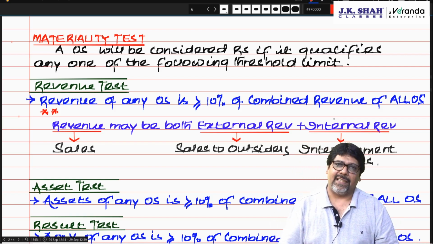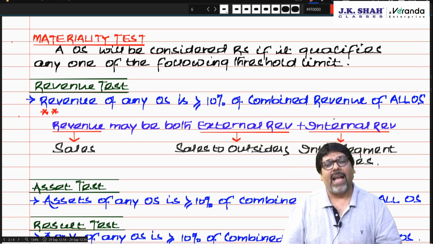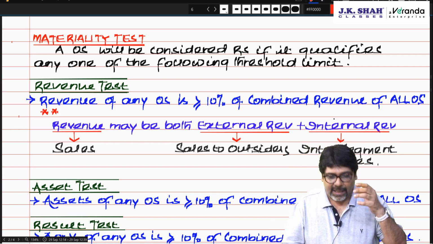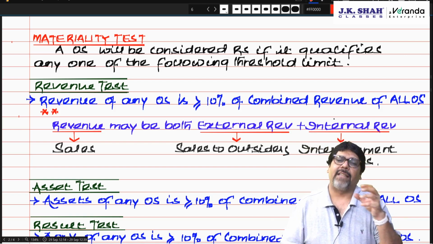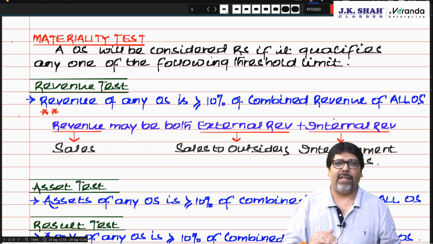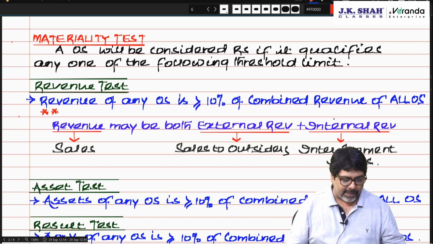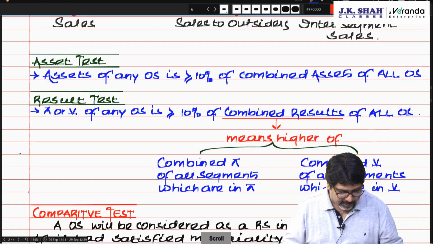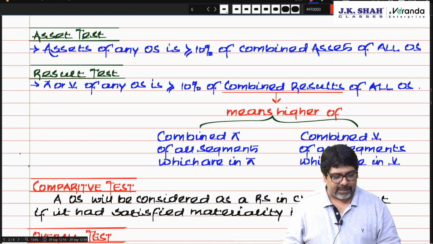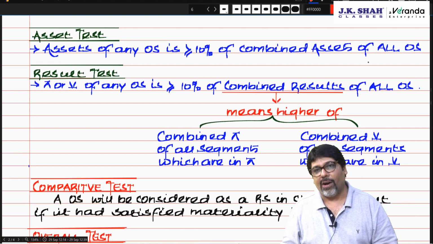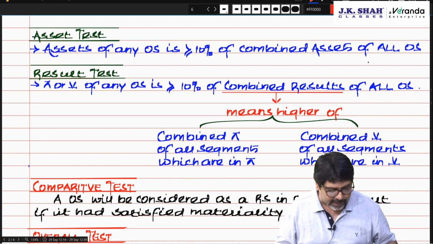Second is asset test. Chartered, segment asset should be 10% or more than the total assets of all the segments put together. Am I clear? Asset test: operating assets of any operating segment is 10% or more of combined assets of all operating segments put together.